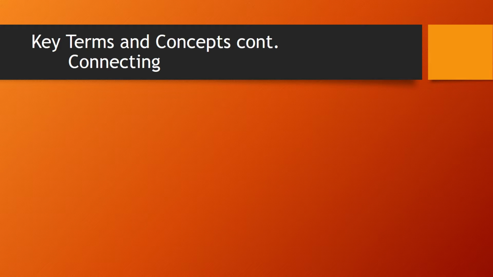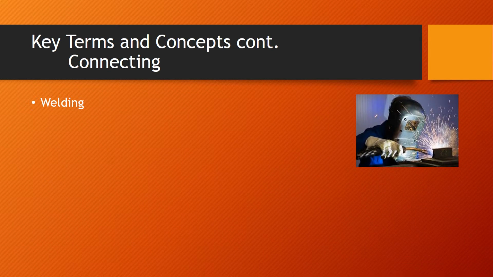Key terms and concepts for connecting. Welding uses 2 similar metals that are melted at high temp to form together and create a bond. Brazing can be used to join 2 metals that are not similar.